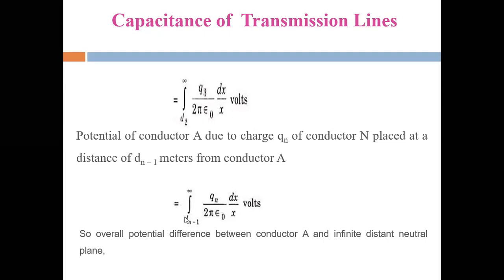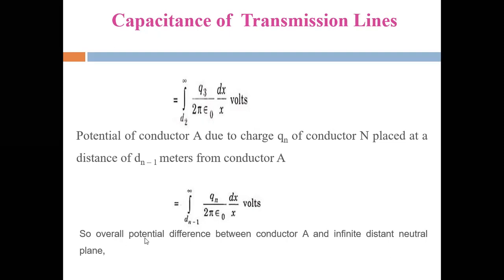The distance between A and the N conductor is Dn minus 1. That is Dn minus 1 to infinity in Qn, where the charge of conductor N is Qn. Therefore, integral Dn minus 1 to infinity Qn by 2 pi epsilon naught dx by x volts.